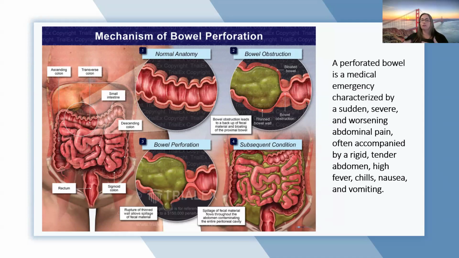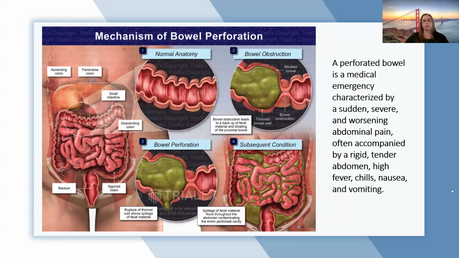I mean, it's horribly tender. They will spike a very high fever because of the bacterial infection, and that can cause chills. They may have nausea, vomiting, all of the things that go along with infection and sepsis.